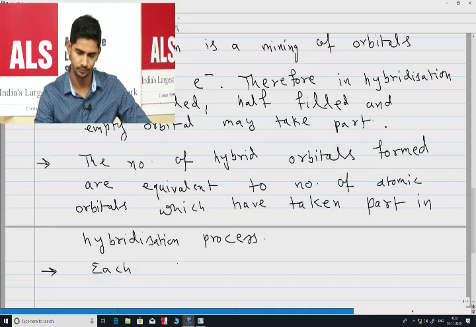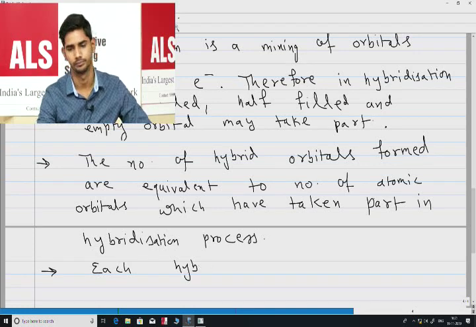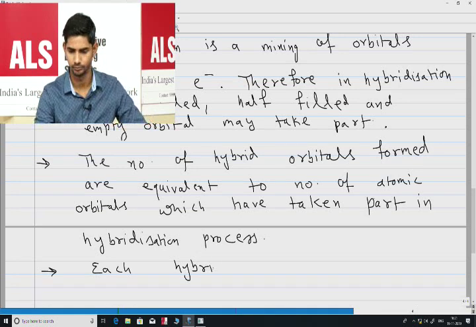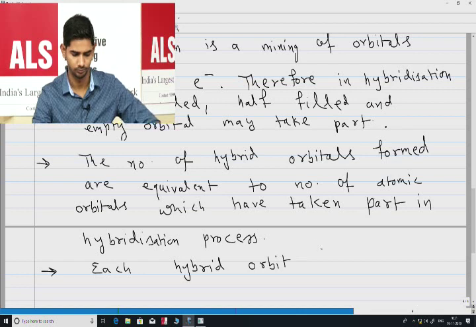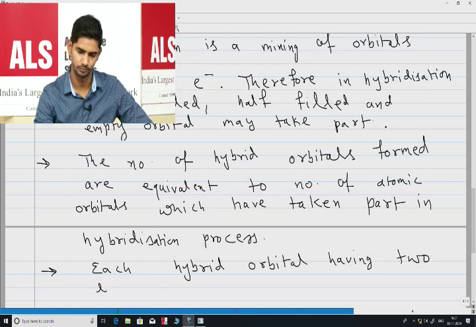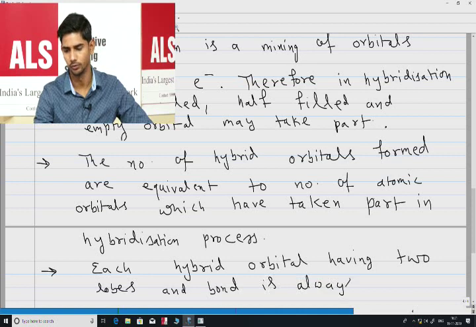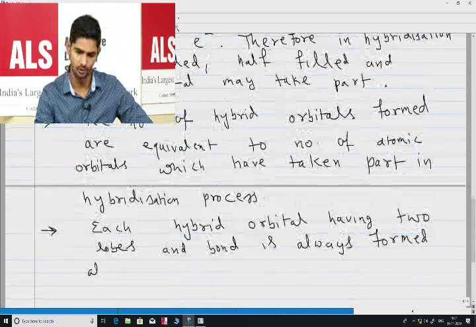Each hybrid orbital has two lobes, and a bond is always formed along the bigger lobe.